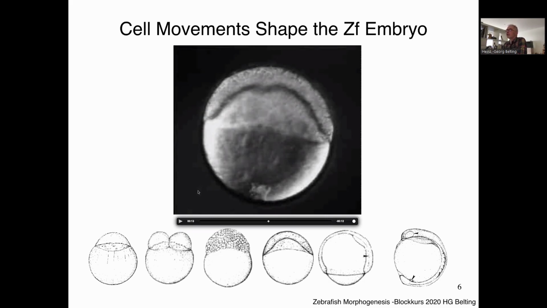They're being pushed down rather than actively migrating down, but that's a different issue. I don't want to discuss that here. Fact is, epiboly means the cells are engulfing the yolk. At this point, this embryo is still radially symmetric. We have only one body axis. It's the animal-vegetal axis. There's nothing else that is at least evident.